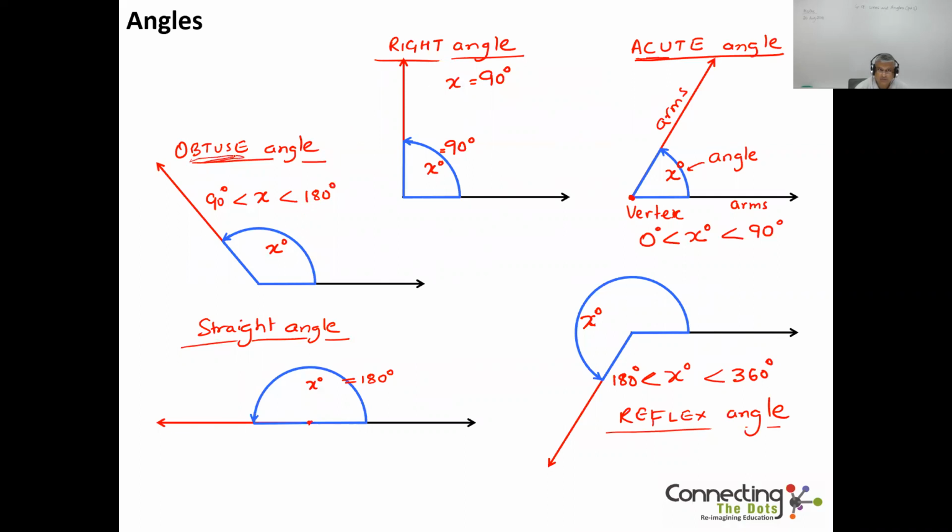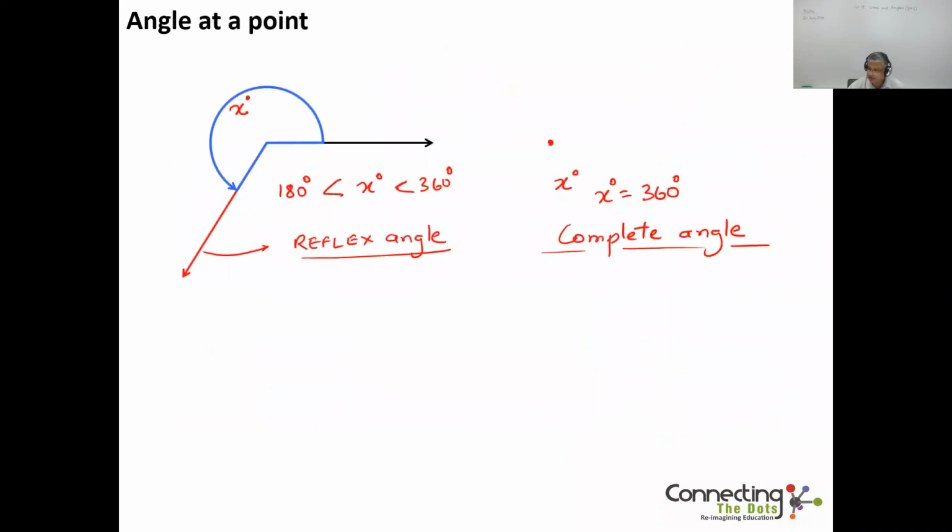Okay, so that's your obtuse angle. Then you have a straight angle, which is 180 degrees. And then if you have more than 180 and less than 360, it is called a reflex angle. All right, so if we complete the full circle, then it is called a full complete angle. So that's 360 degrees. Okay, so now we will continue ahead.